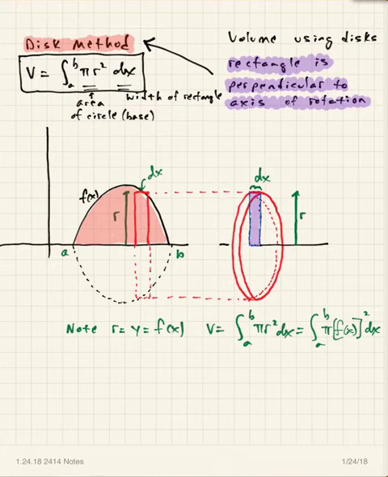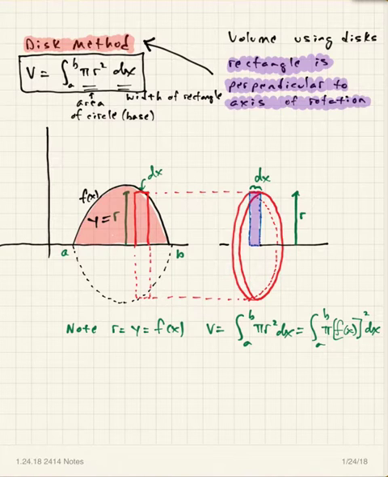And then think about whether x represents the radius or y represents the radius. In the picture I've drawn right here, where I'm rotating around the x-axis, that rectangle goes all the way to the x-axis there, and so the radius is going to be a y value, right? This is a y value right here, and it's the y value on that curve, so it's the function value.